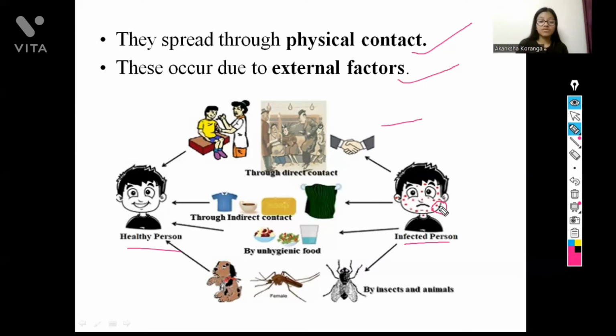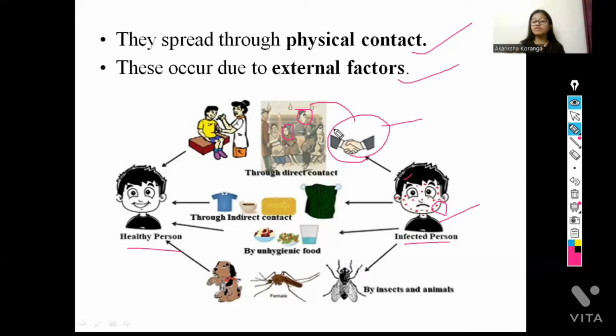If this healthy person comes in contact with this infected person, like if they are shaking hands, or if this infected person directly sneezes or coughs on a healthy person, both of these methods come under direct contact. From these methods, the disease is spreading directly from an infected person to a healthy person.